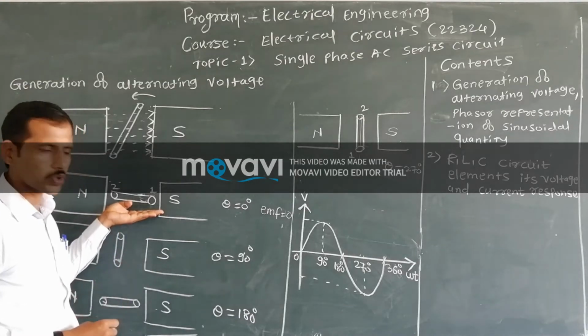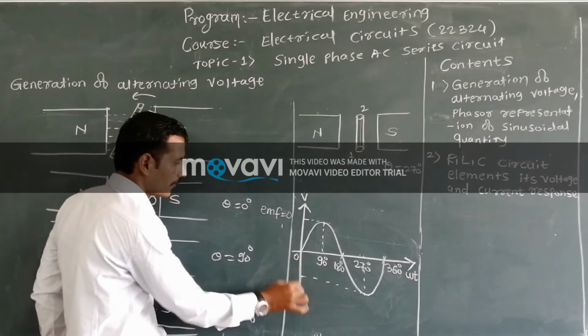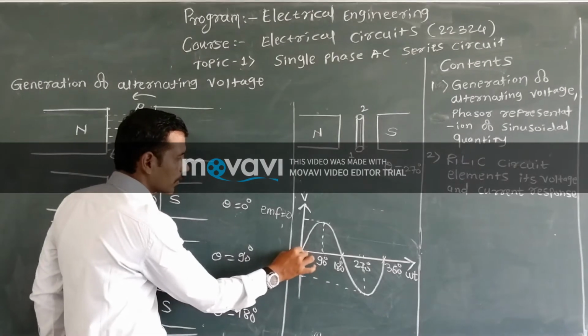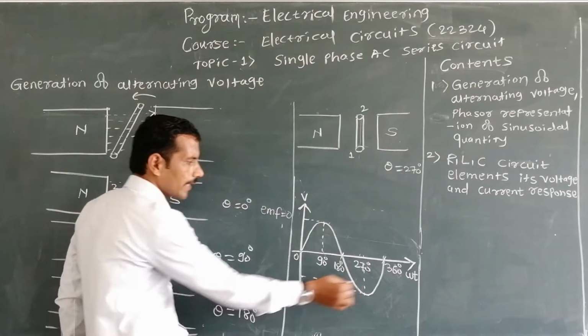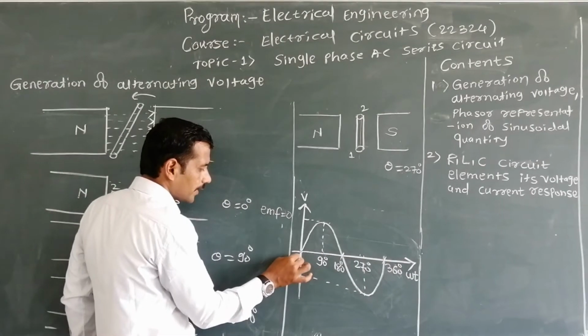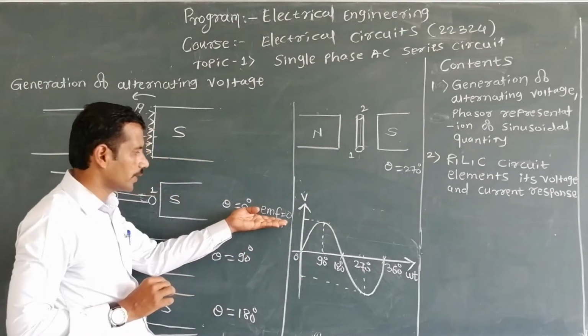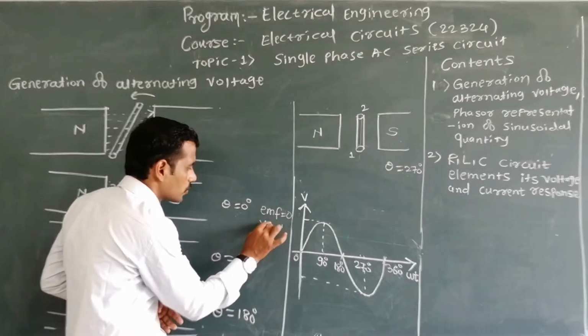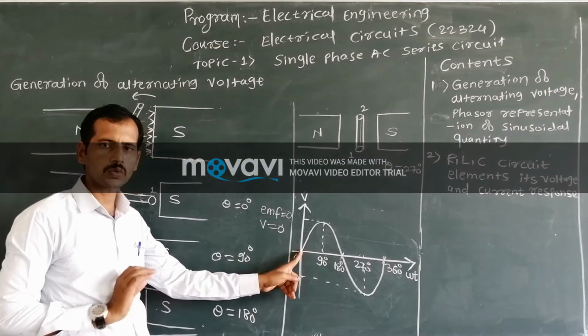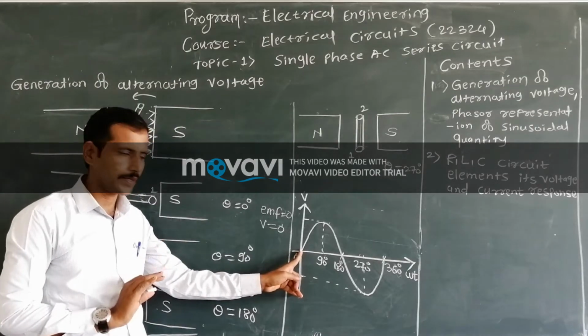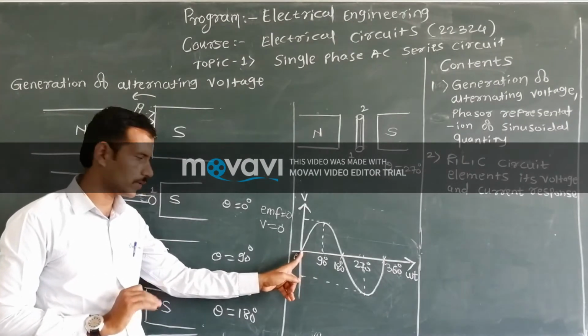We have shown here the graphical waveform of voltage with respect to omega t. At theta equal to 0, induced EMF, that is voltage, is 0. It will start from 0 position.